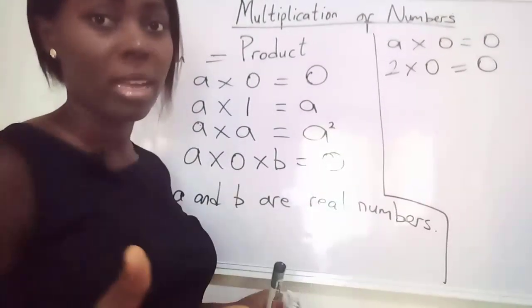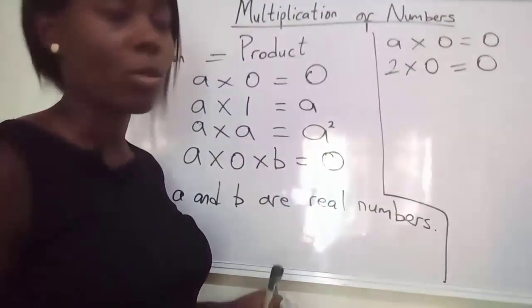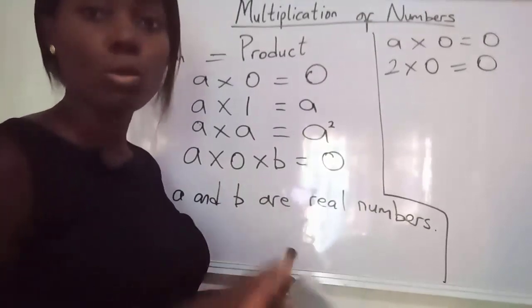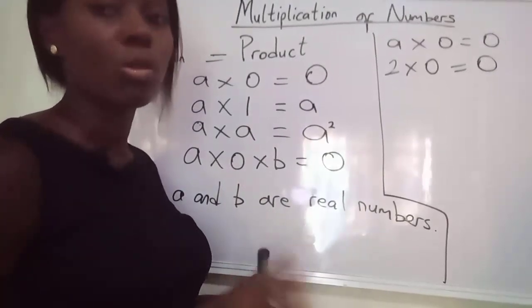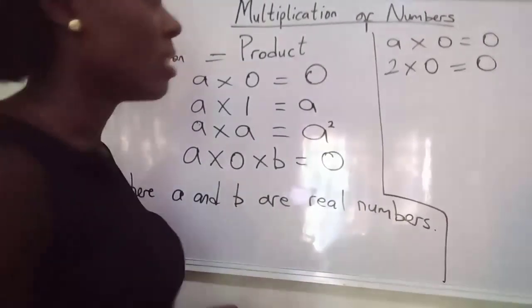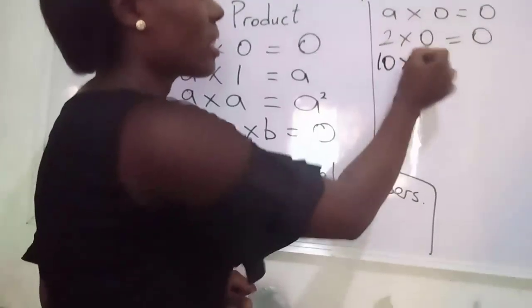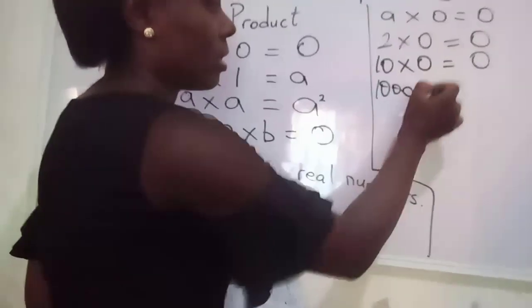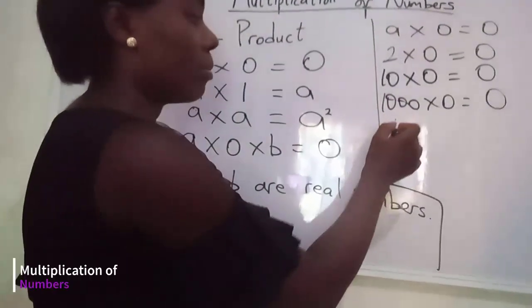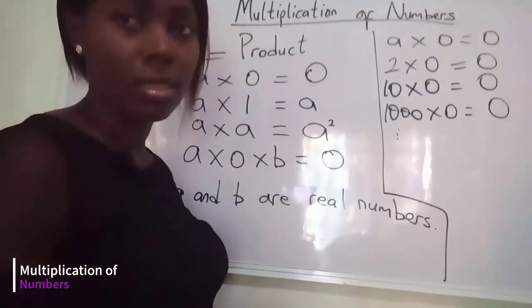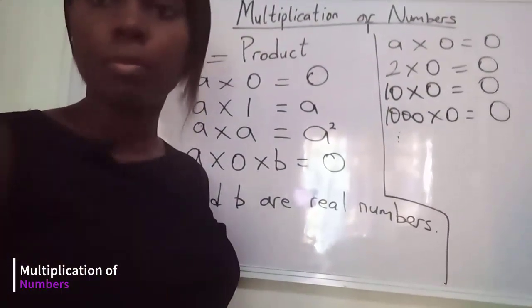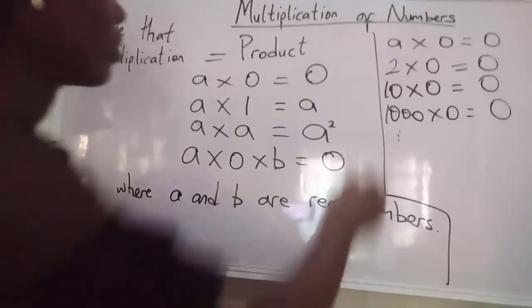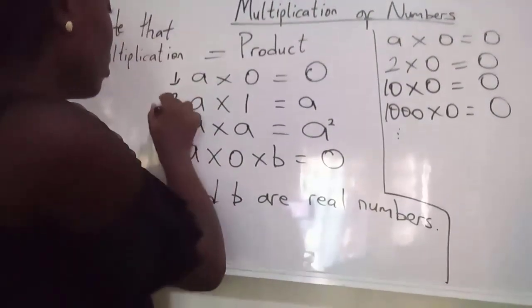No, it will still remain in your hand. So it's like putting your 2 in no place at all, so you don't get anything at all. Even if it's 10 times 0, it will still give you 0. Even if it's 1,000 times 0, it will still give you 0, whatever the number, even to infinity. Okay, that's for the first one.